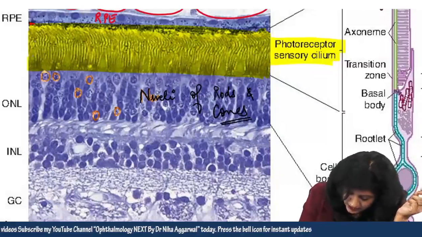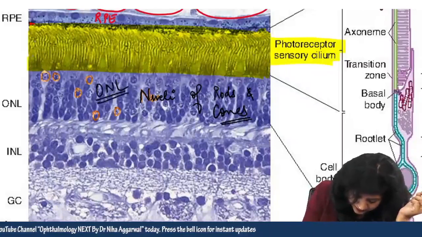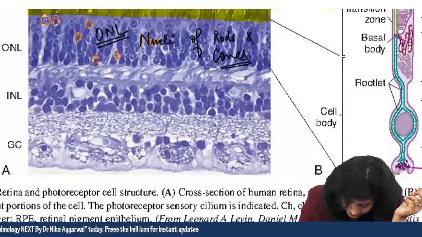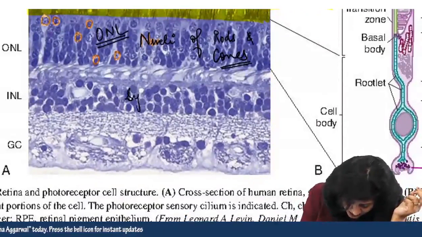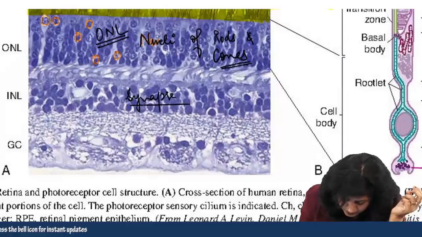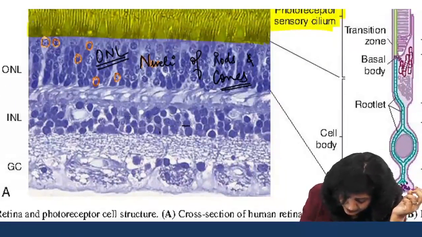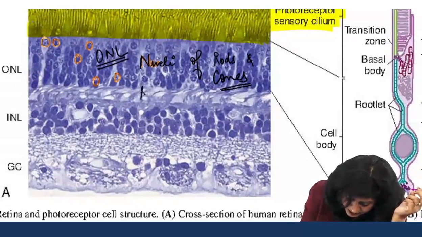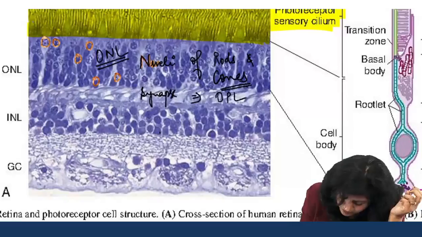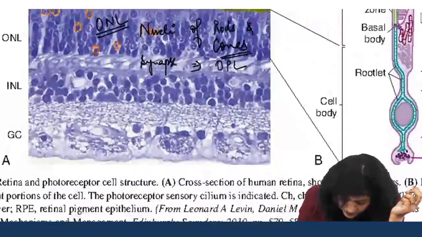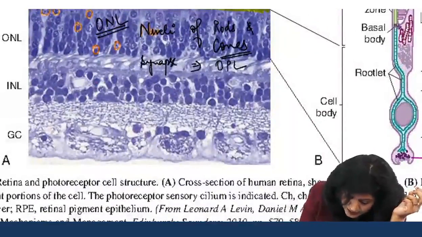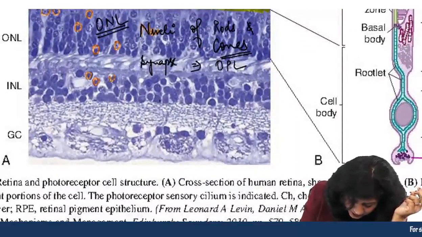So see, this is your outer nuclear layer, and ultimately they are synapsing. So here you have the synapse. So this will be your outer plexiform layer. Now again you have an area where you are able to see the pigmentation, a darker nuclei area.